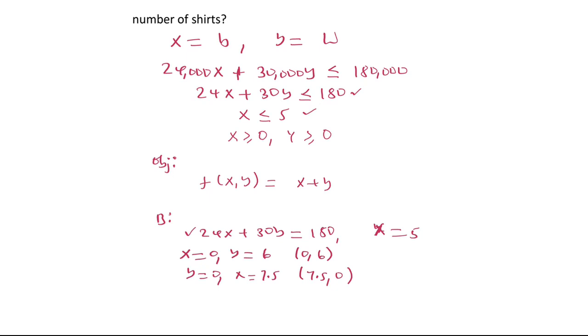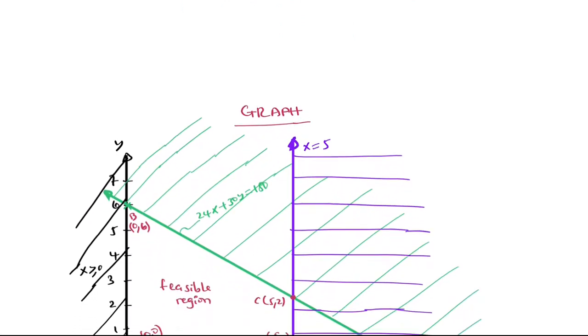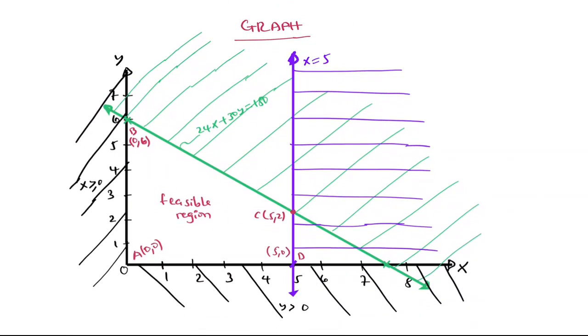And our final drawing will be as follows. Okay, so now from the graph, we have the corner points, which are point A (0, 0), point B (0, 6), point C (5, 2), and point D (5, 0).